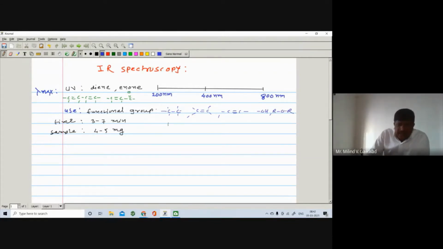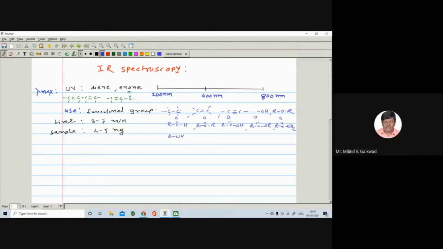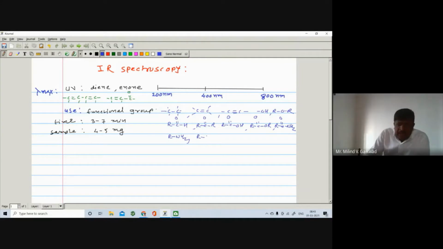Then we can write RC double bond H aldehyde or ketone, or acid, RC double bond OH acid, maybe ester, RC double bond OR ester, maybe amide, or maybe amine, RNH2, alkyl halide RX.